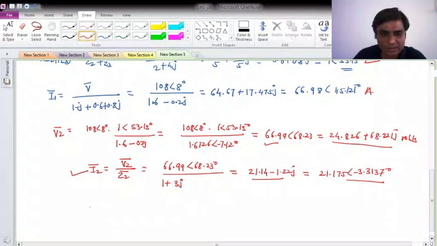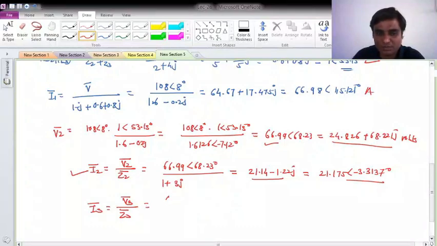Now I would like to get I3 phasor. I don't have to calculate the voltage separately, because V2 and V3 are the same. So I'll write V3 phasor upon Z3. V3 phasor is the same, 66.96 with angle 68.23, divided by the impedance Z3, which is 1 plus j.